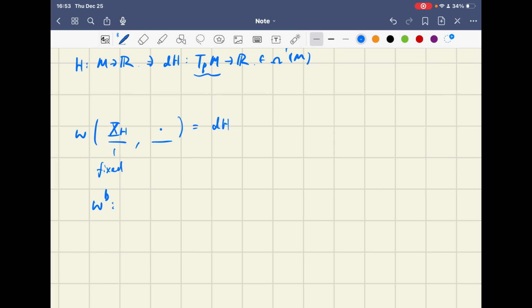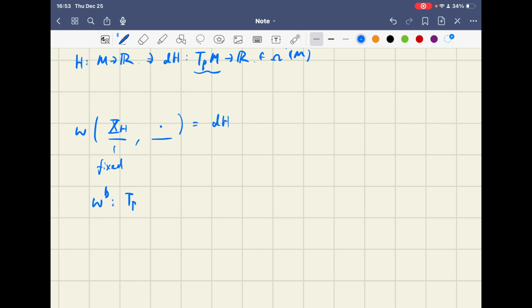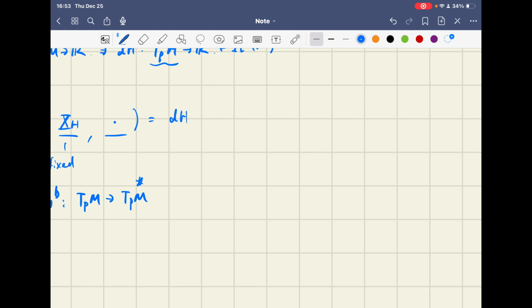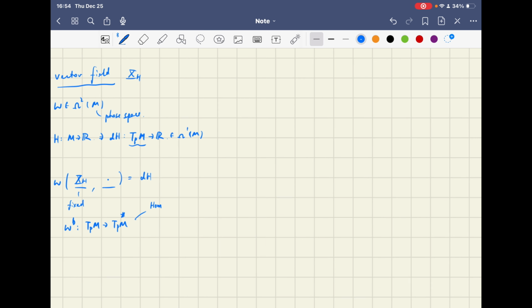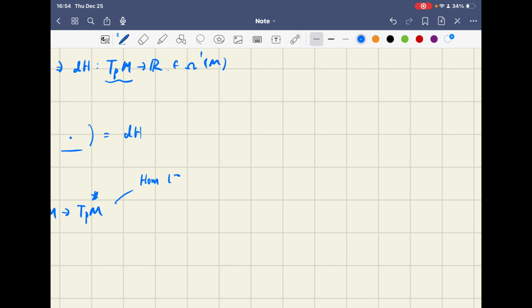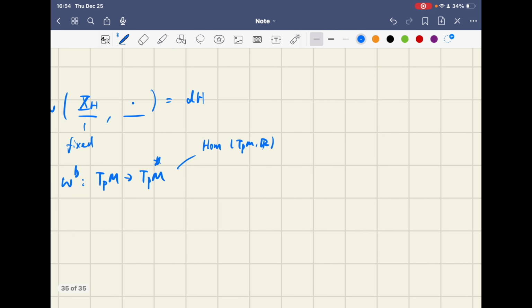For the convenience of notation, we define something called omega flat. Omega flat is essentially a one-form, but just for convenience of notation, it goes from TpM to its dual space. And its dual space, as I mentioned at the start of the video, is the set of all linear maps from TpM to R, and that is exactly the one-form.